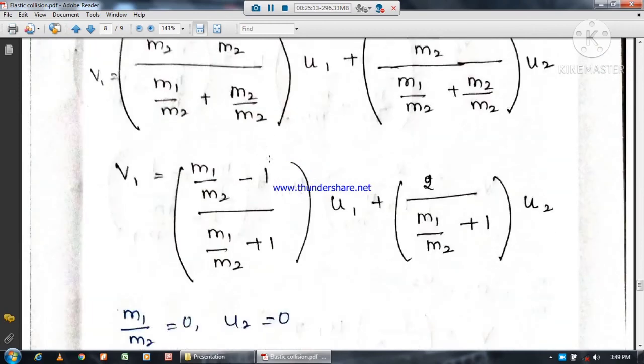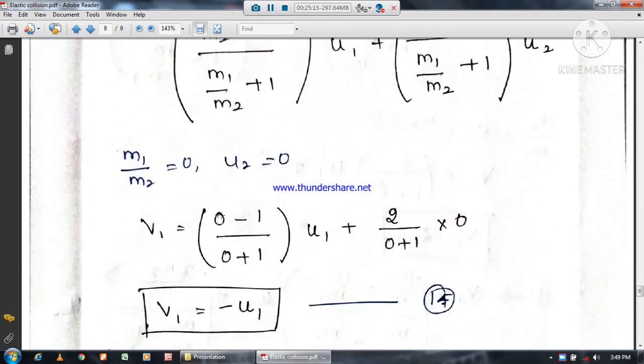These two equations, that is equation number 14 and 15, show that when the first body, which is lighter than the second body, collides with the second body, it returns in the opposite direction with the same initial velocity, that is v1 is equal to minus u1, right? u1 is the initial velocity before collision and v1 is the final velocity after collision.